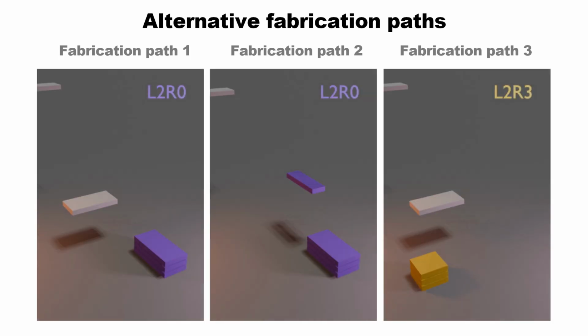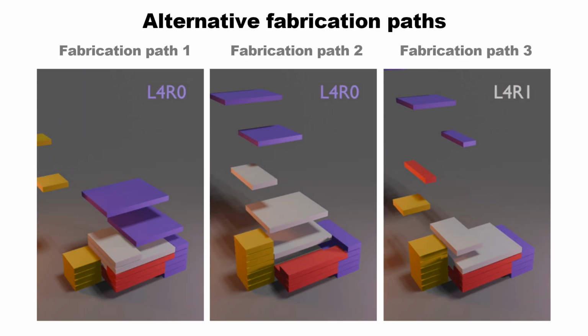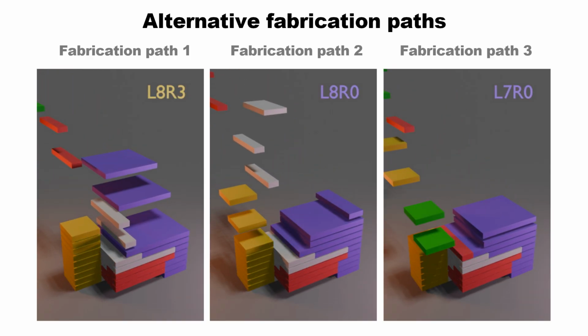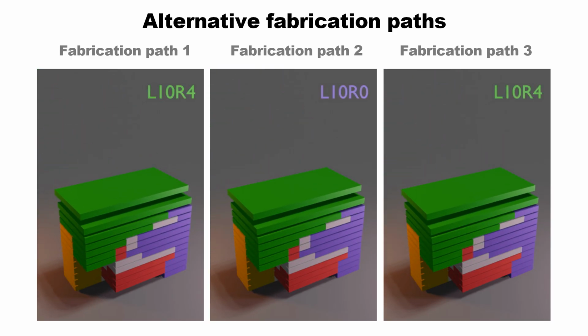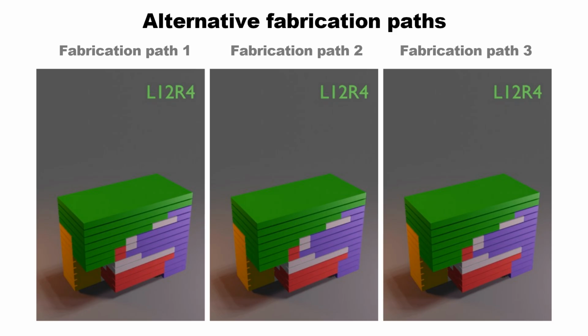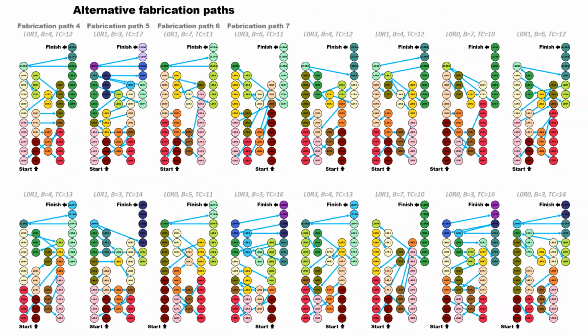And here is another animation for these alternative paths. Well, we can generate more unique fabrication paths, and more.